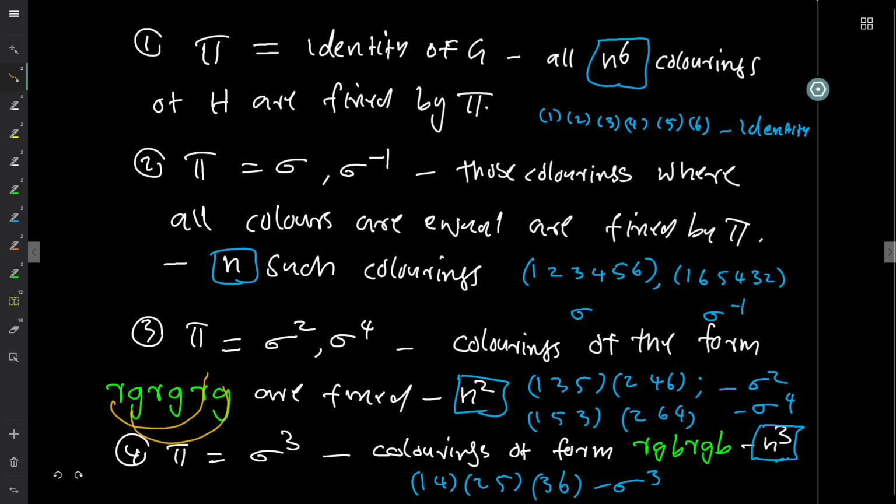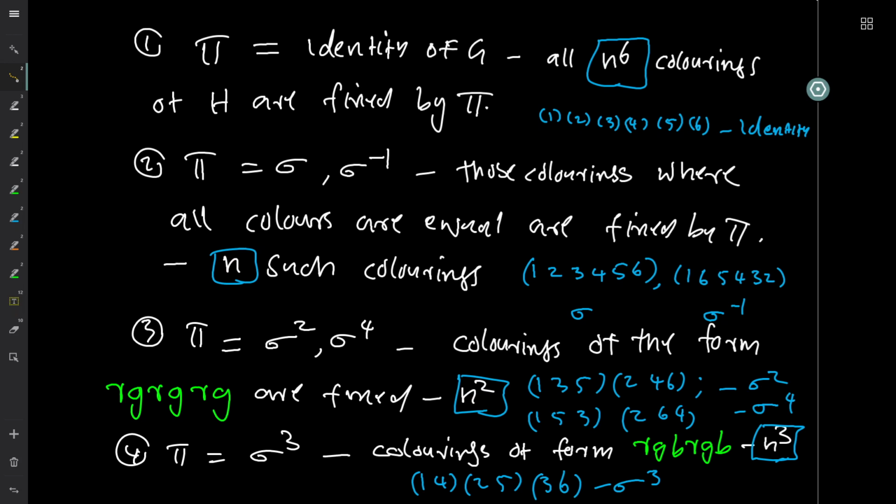Because sigma square is of this form, if the colorings of these alternate elements are the same, then such colorings are fixed by pi, because if I move twice, I just need to get the same color. And similarly, for each element, if it moves exactly twice forward, then that color is the same, then the coloring is okay.